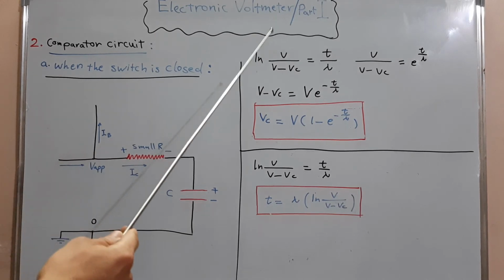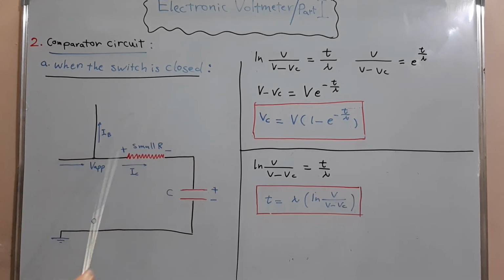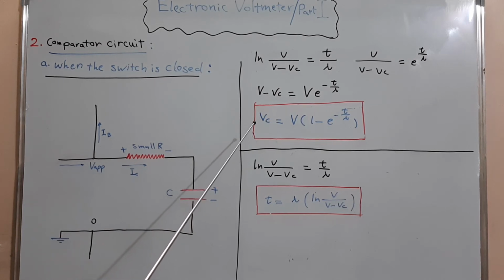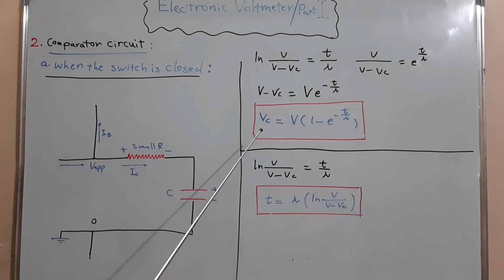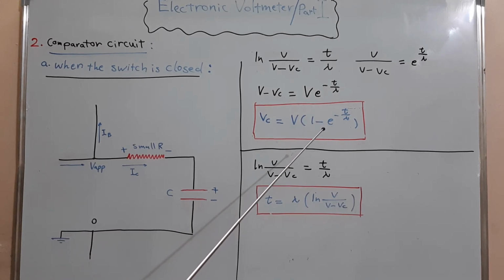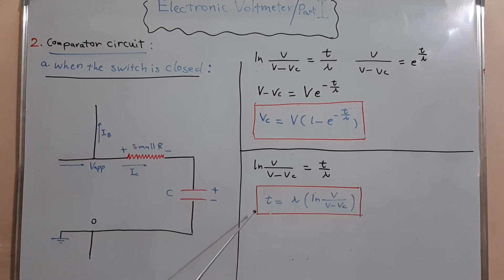And from that equation, we conclude 2 things. The first one is that the potential difference between capacitor plates is directly related to the voltage that we want to measure, when both the time of charging and time constant of charging are constant. And the second one is that the time of charging is directly proportional to the time constant of charging.